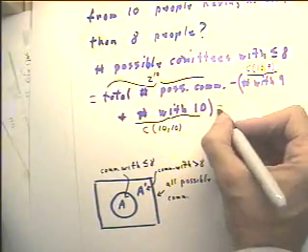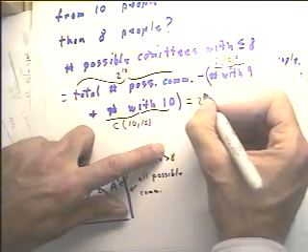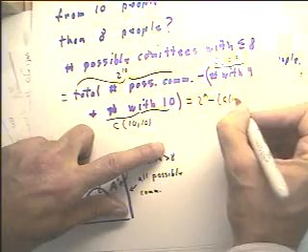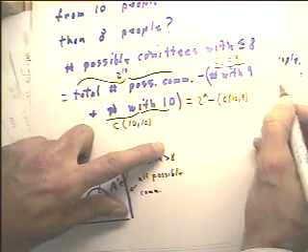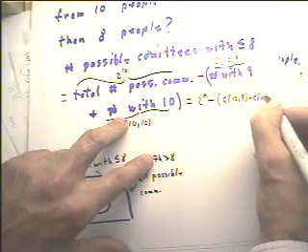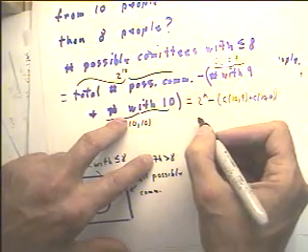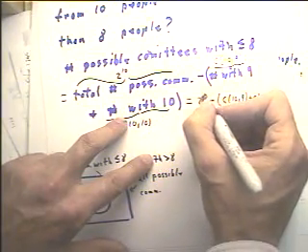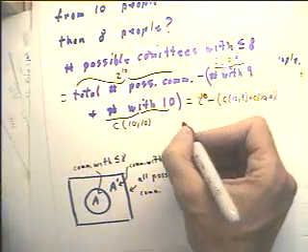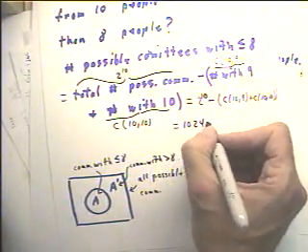In any case, this is going to end up as 2 to the n minus the quantity C of 10, 9 plus C of 10, 10, and we don't want to write n there, that's actually 10, so it'll be 2 to the 10th minus this. 2 to the 10th you can easily calculate as 1024.